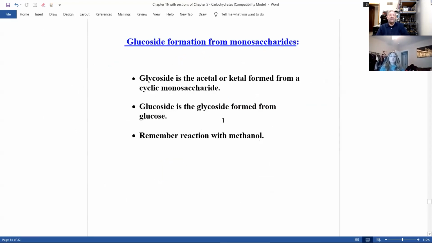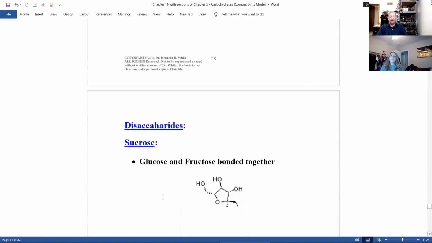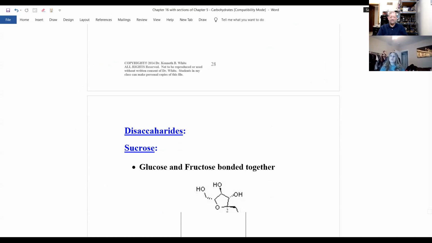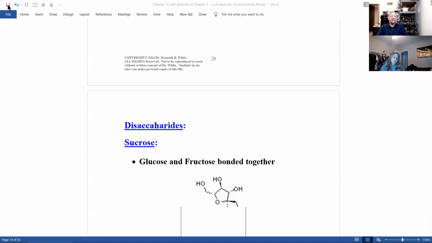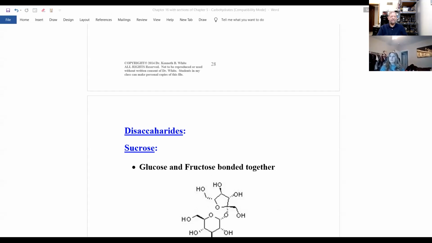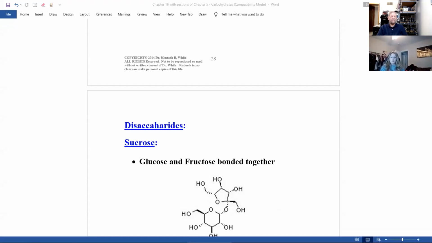And the glucose side is the cyclic form, and that reacts with itself. Uh-oh, I ran out of memory. Hang on. Let me. Nope, I gotta shut down the old-fashioned way.